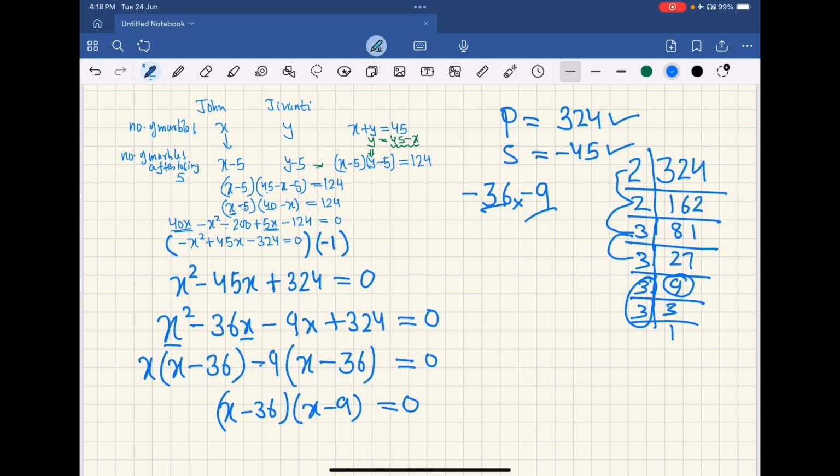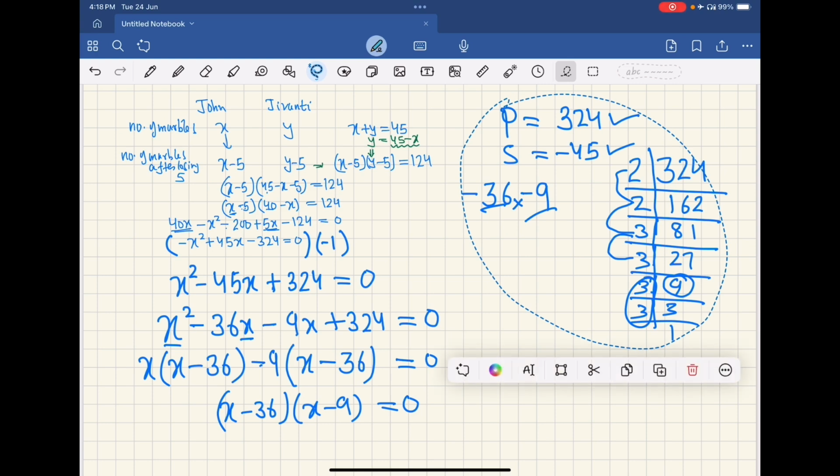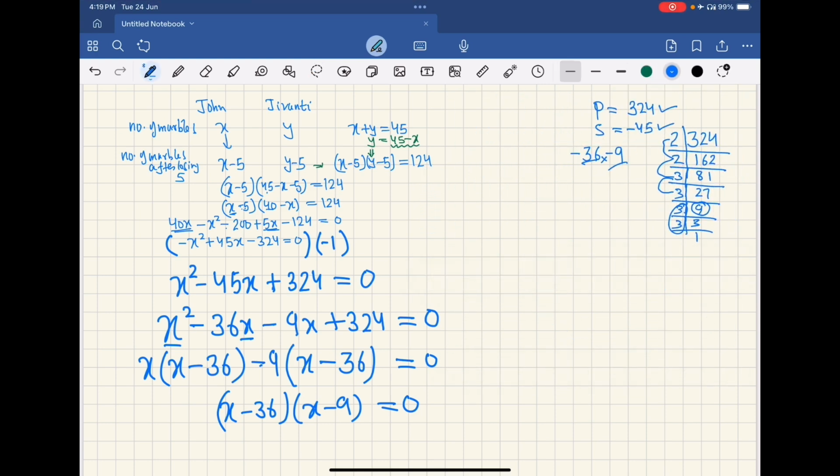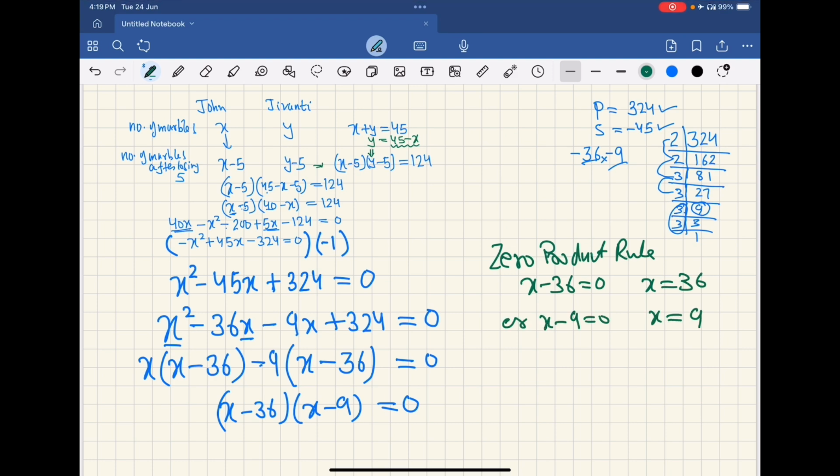Now, just give me a second students, let me minimize this also and get some space for solving. Let me use a different color now. We will use the zero product rule again, which means either x minus 36 is 0, which gives x equals 36, or x minus 9 is 0, which gives us x equals 9.